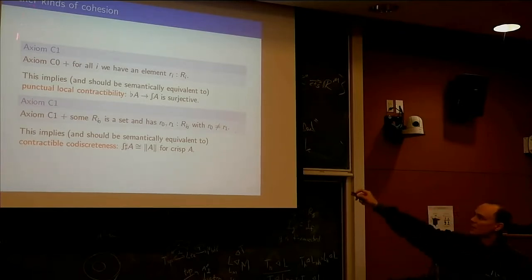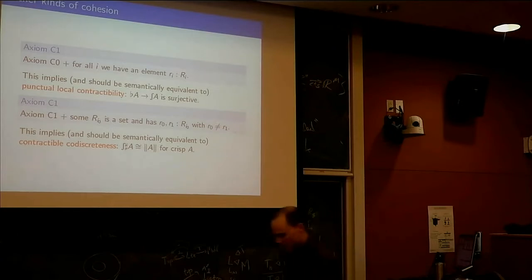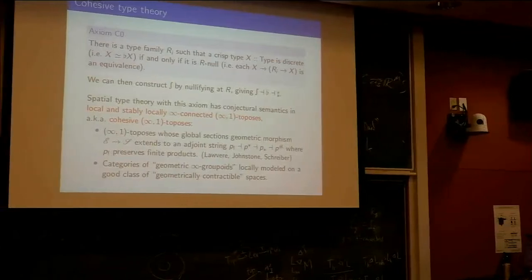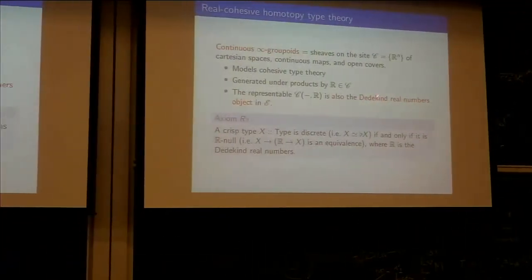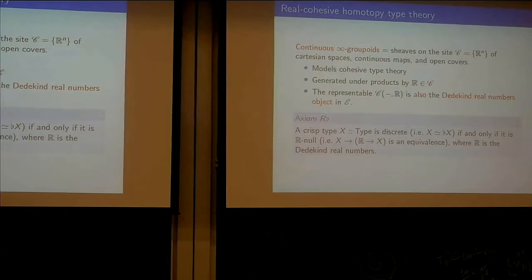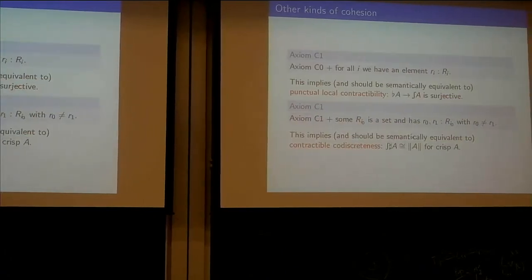So this condition here, I mentioned this already. This is what I call axiom C0 here, that we can construct the shape by nullifying at some family of objects. This axiom here is stronger because it says I don't just have some family, I have the real numbers, but in between there I can assume extra things about my generating family.